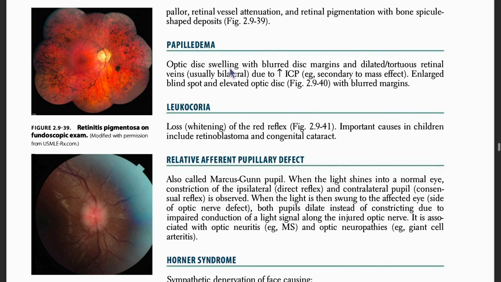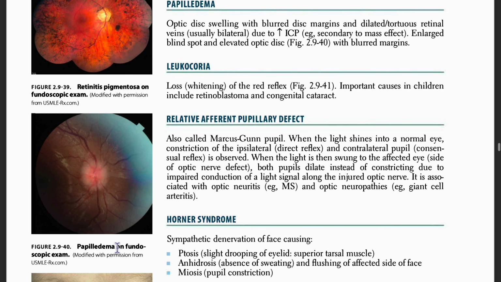Papilledema, optic disc swelling with blurred disc margin and dilated tortuous retinal veins, usually bilateral, due to increase in intracranial pressure, for example, secondary to mass effect, enlarged blind spot, and elevated optic disc with blurred margin. 2.9, so this one.